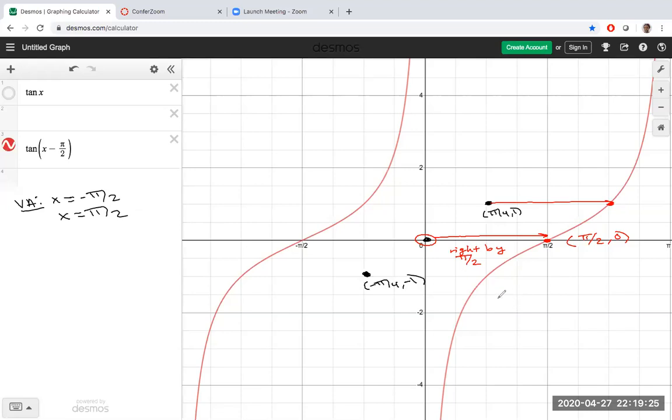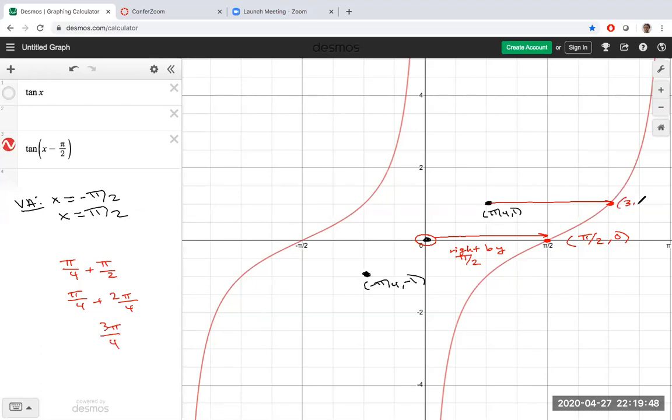Another way you can think about this, if I have pi over 4 for my x value, I'm adding pi over 2 to it. That's pi over 4 plus 2 pi over 4, 3 pi over 4, which checks out.